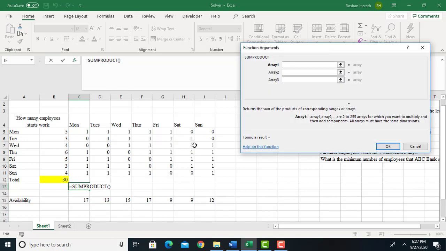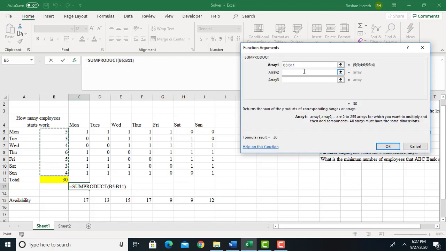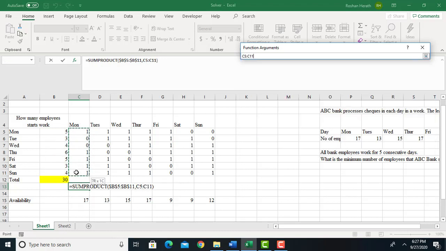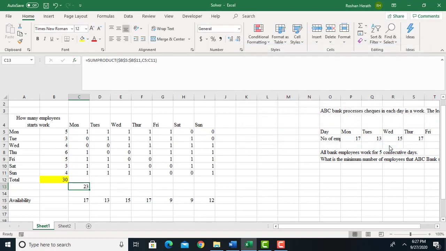Then if you simply multiply it by the number of employees who would start the work by the Monday column, you would get how many would be there. Here as per our assumption, this would be the number of employees who would start the work, and the array 2, that is the availability on Monday. So if you get them multiplied, you can see that it comes 23.